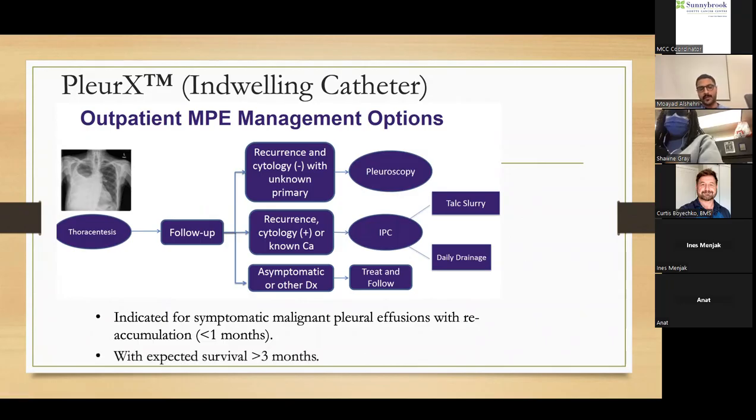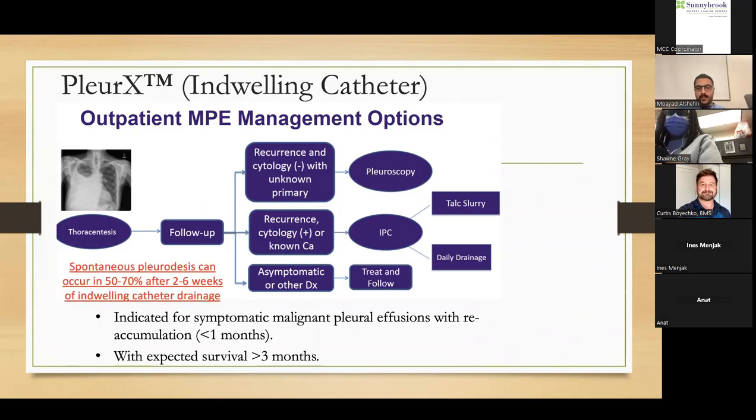And the other thing you have to remember is what's the expected survival? If someone is having an effusion every, say, 3 weeks, and their prognosis is 2 months, and they don't mind coming for just a thora, that's another consideration, what's their prognosis.